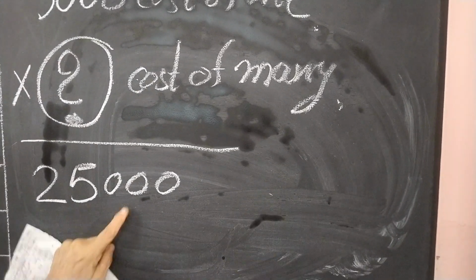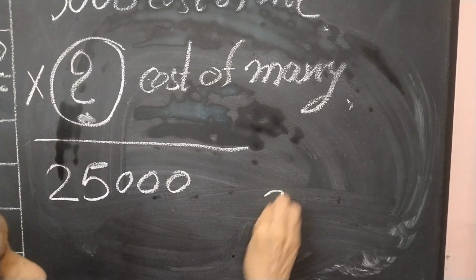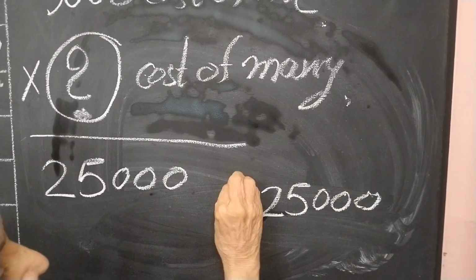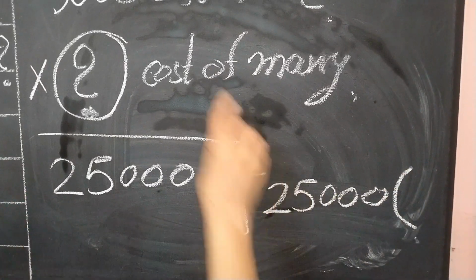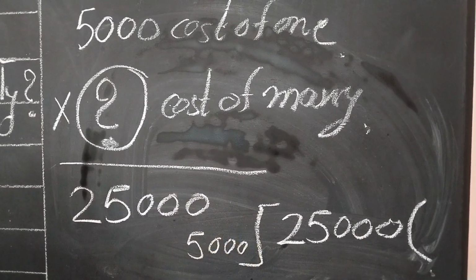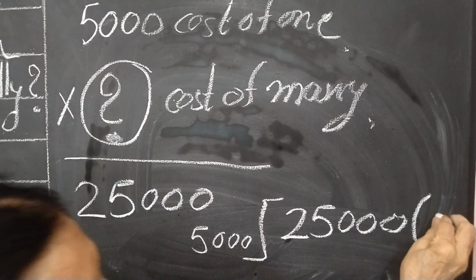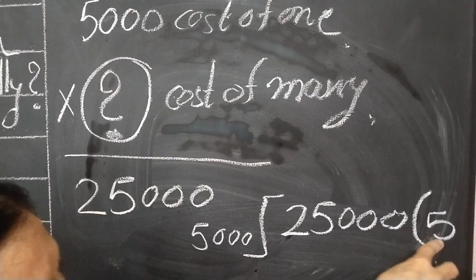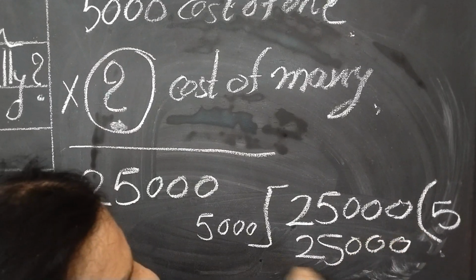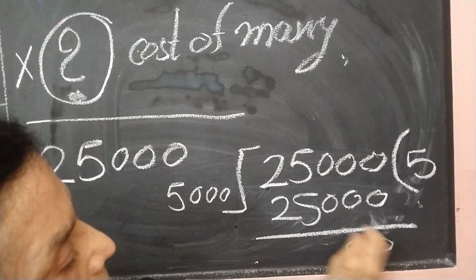So 25,000 is a bigger number, so it becomes the dividend. And 5,000 becomes the divisor. So naturally, we will have a quotient of 5 here. So 5 5s are 25 and 3 zeros on top.